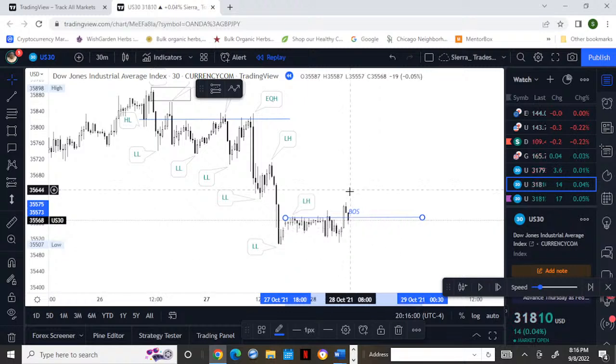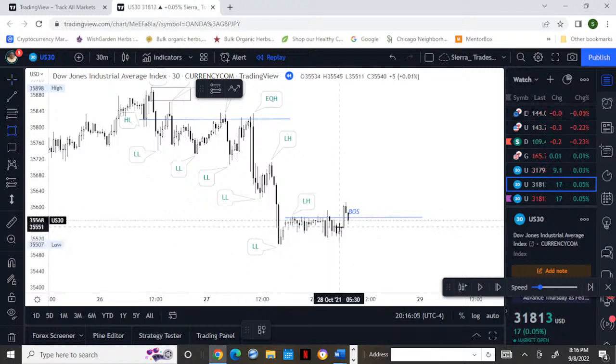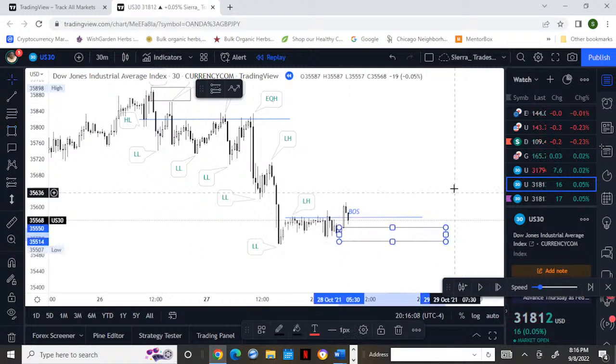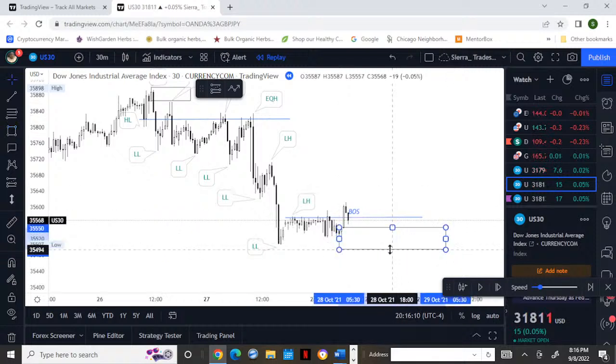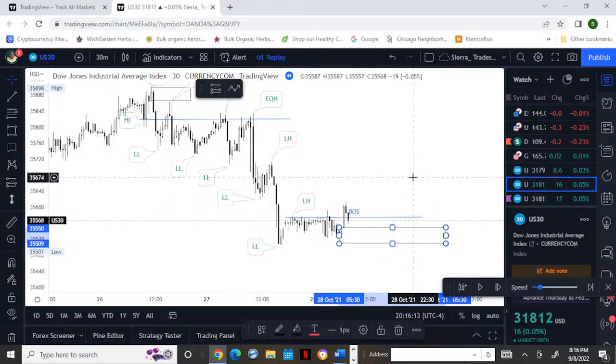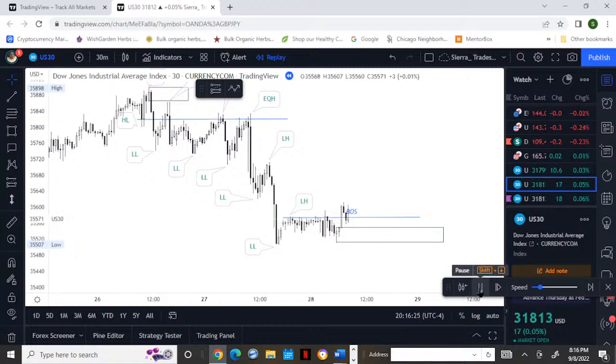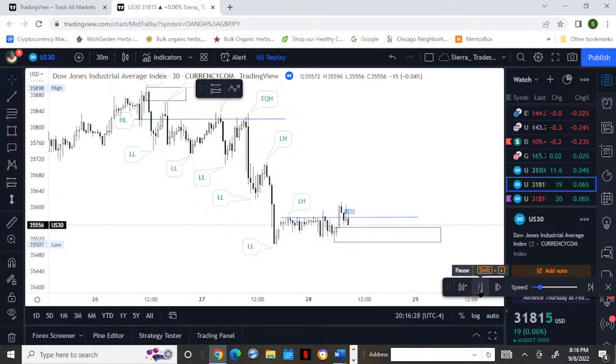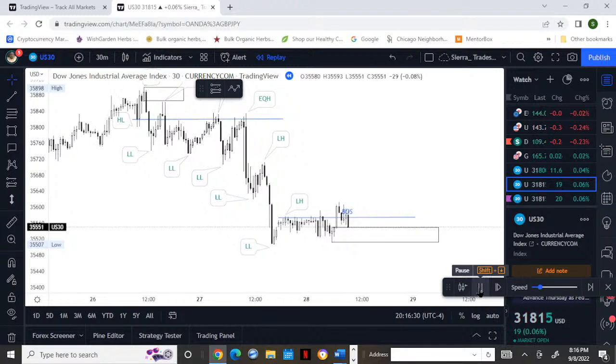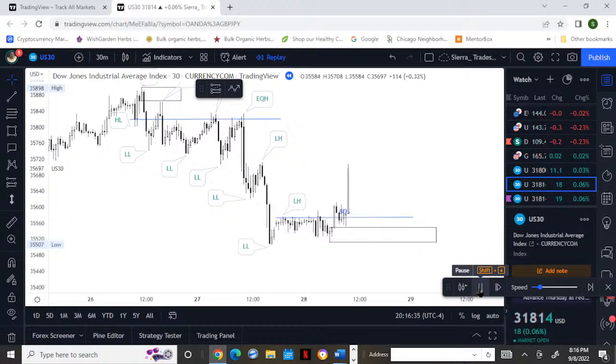All right, so this is a true break of structure. I want to see price come back and test this move, this bullish move right here that broke structure. That was nice, oh my gosh.